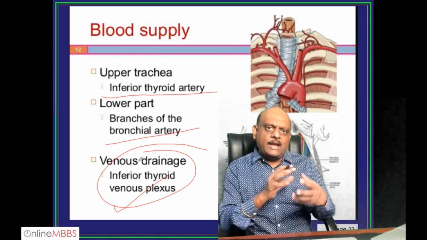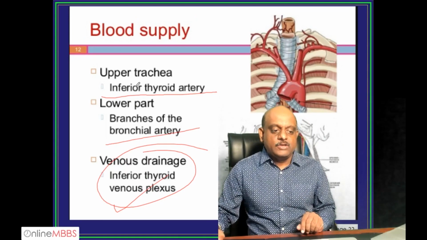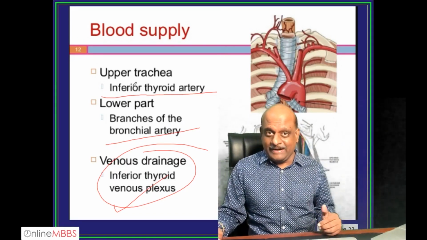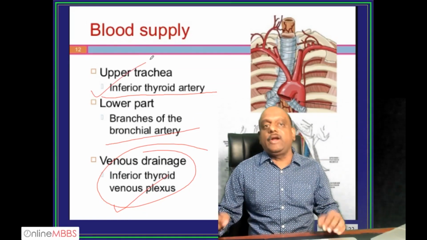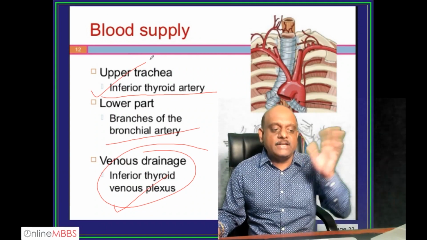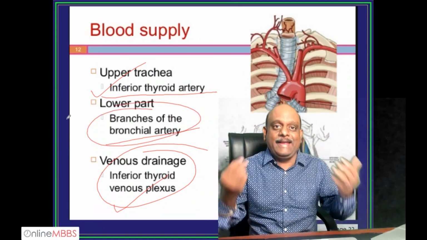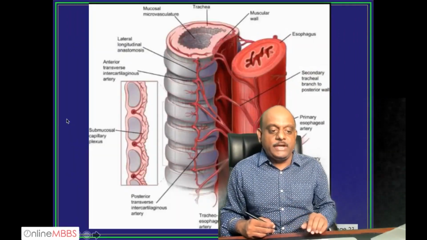So thyroid trachea thyroid, they both are very closely related. So इसलिए special artery क्यों बोल के भगवान ने सोचा trachea के लिए tracheal artery, superior tracheal artery. Thank God, there are no such things. Inferior thyroid artery is the main blood supply, upper part of trachea, and the branches of the bronchial artery are the main supply in the lower part, is what you need to remember.